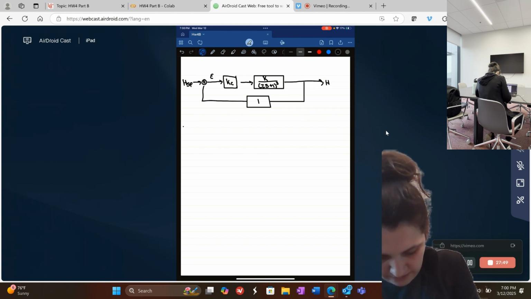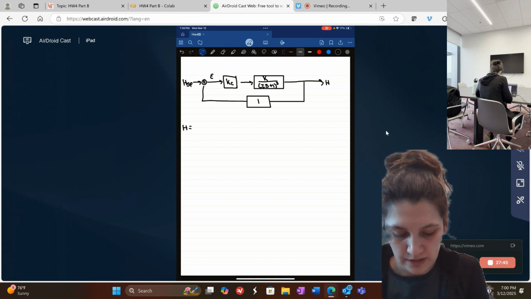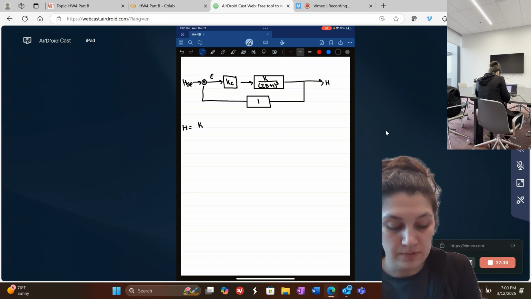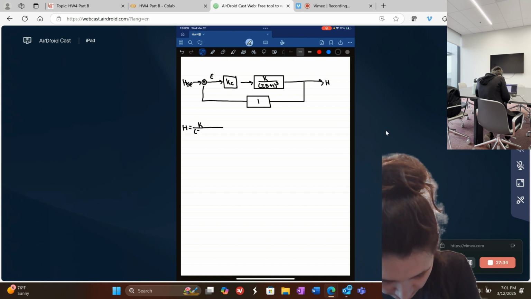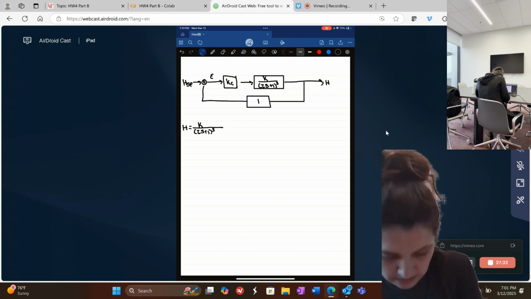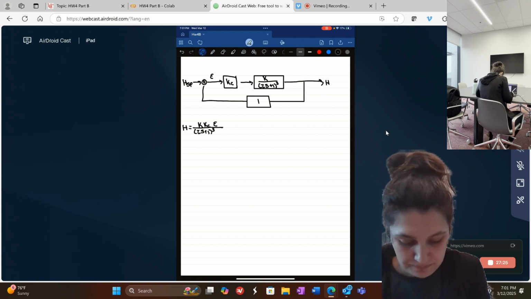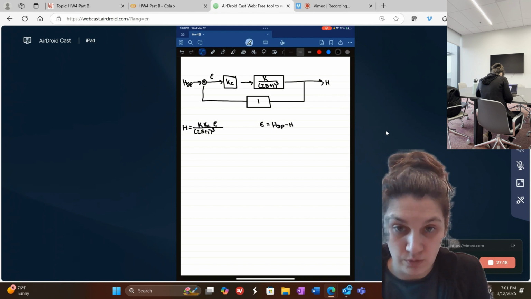So if we're going to write out our equation, our left-hand side is going to be h, since that's what we're evaluating. And then what goes into that is our block up here, (tau S plus 1) cubed, our control gain Kc, and our error. And as I said before, our error is the difference between our set point and our actual height.